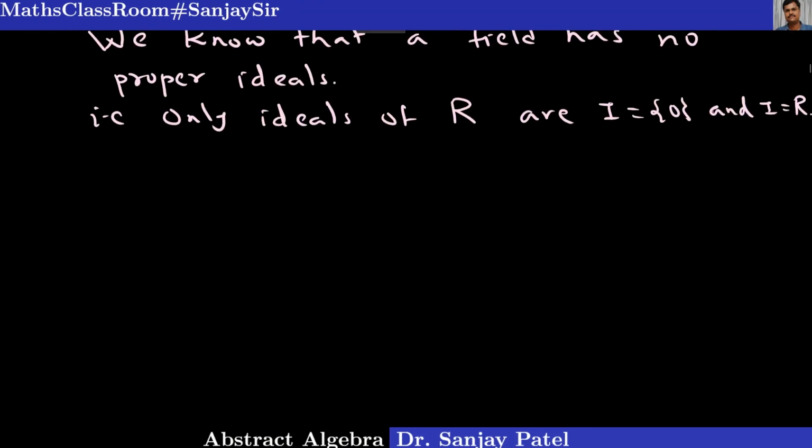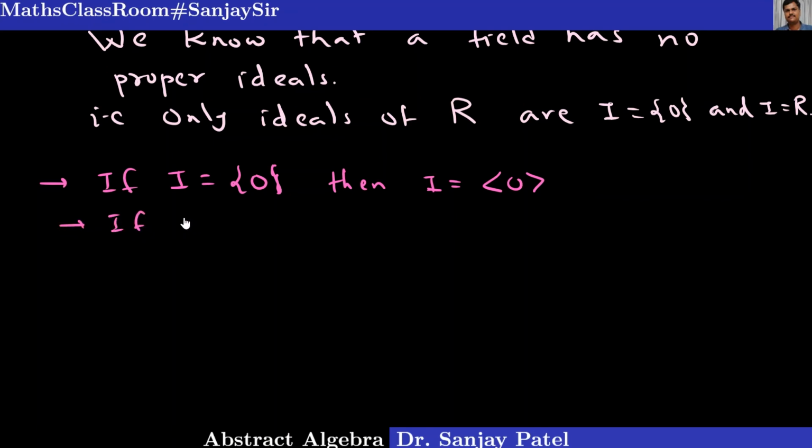If I is the 0 ideal, then I can write this ideal as the ideal denoted by singleton 0, I mean the 0 element. And if I is equal to R, then I can write I is equal to the ideal generated by 1. Remember that a field has unity because 1 belongs to R. So the ideal denoted by 1 is nothing but the whole ring R.